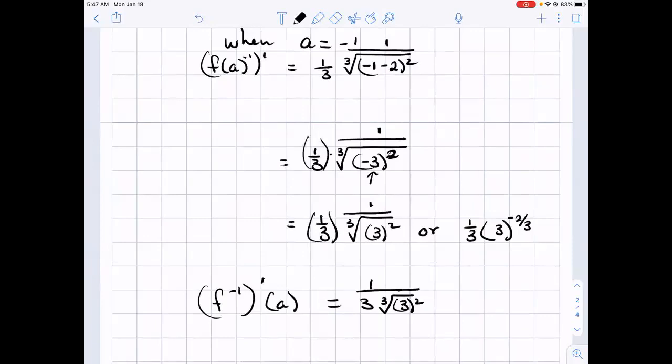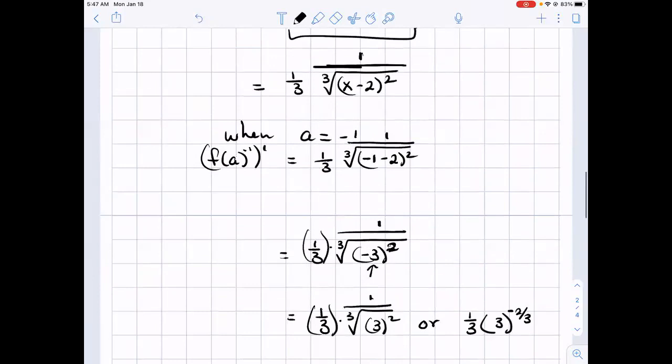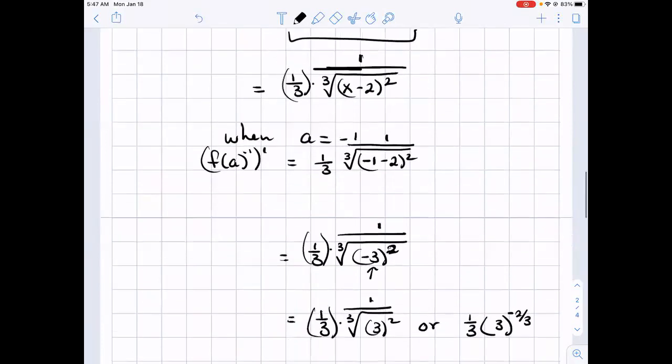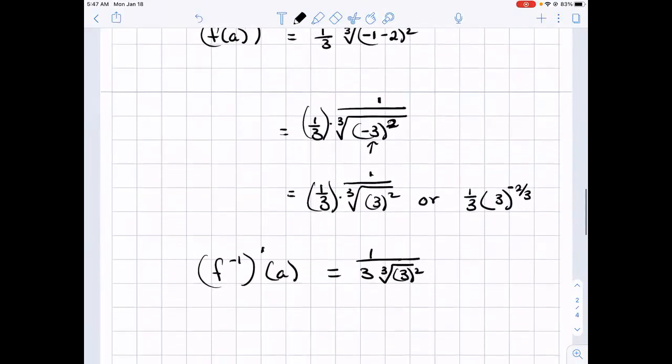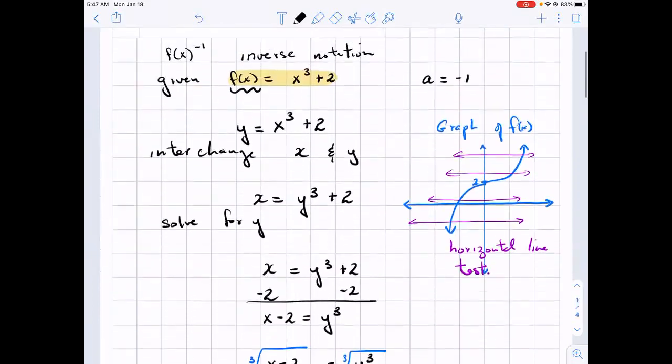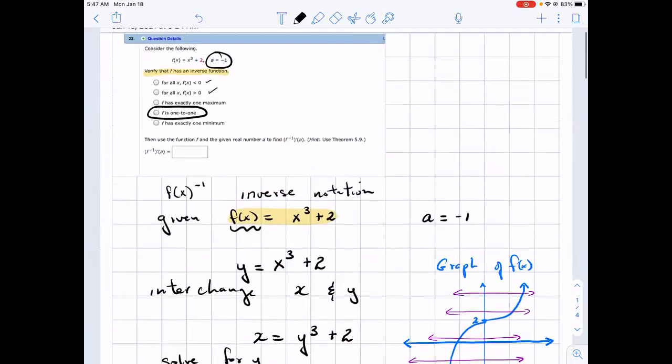So make sure it's not in the denominator. That's a times. So this would be the result for that particular question. Now they did say in your hint to look at a theorem in your textbook, so you may have to refer to what theorem they're referring to in the textbook.